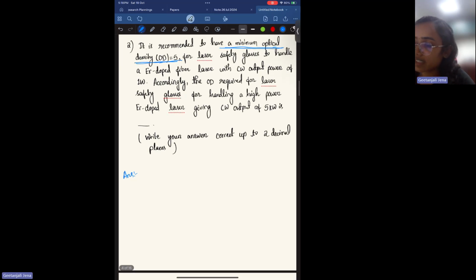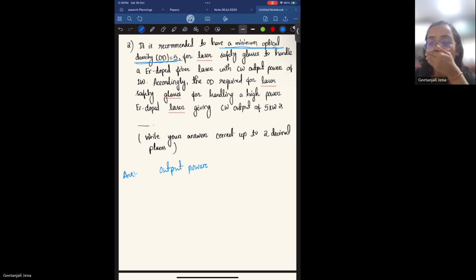So it is given, output power is 1 watt and the minimum optical density OD is 5.